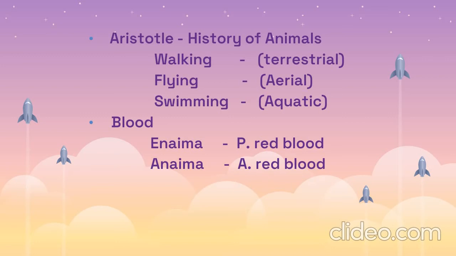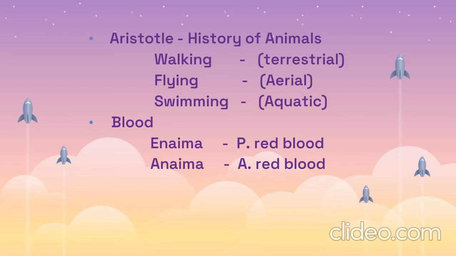First of all, he has classified the organisms into three. The terrestrial organisms he has classified as walking, the aerial organisms as flying organisms, and the aquatic organisms as swimming organisms.